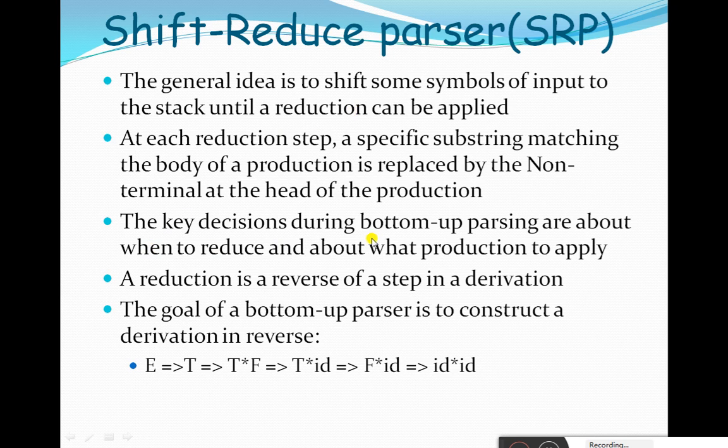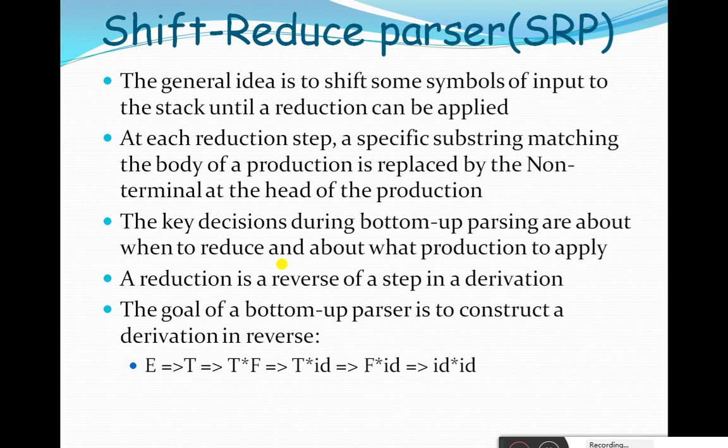The key decisions during bottom-up parsing are about when to reduce and about what production to apply. Which production should be used to do the reduce action, and when to reduce. Sometimes you may come across a handle on the top of the stack, but that handle may not be a true handle.